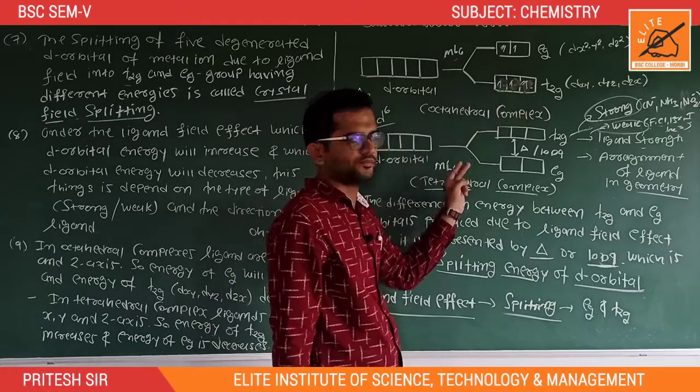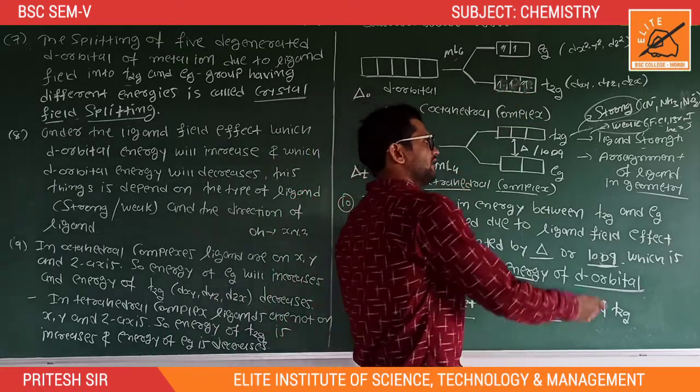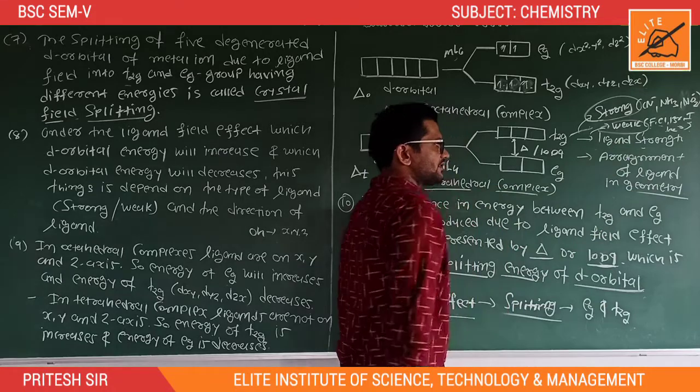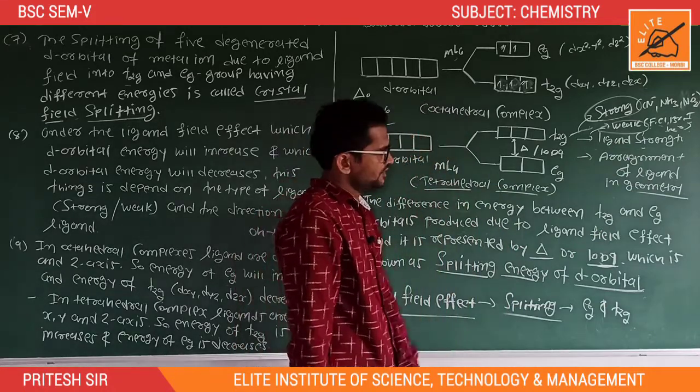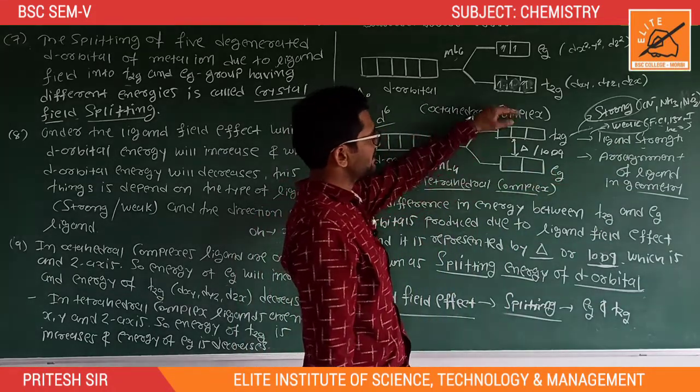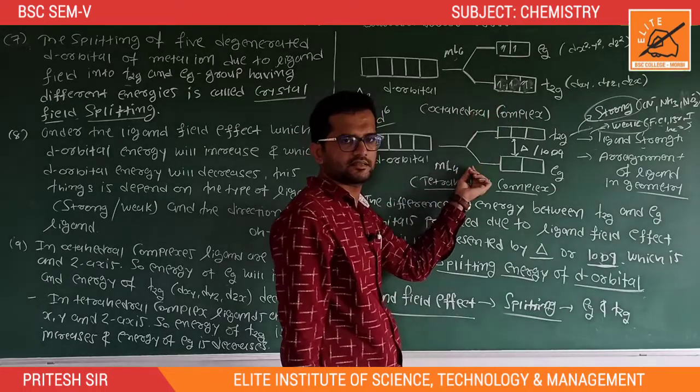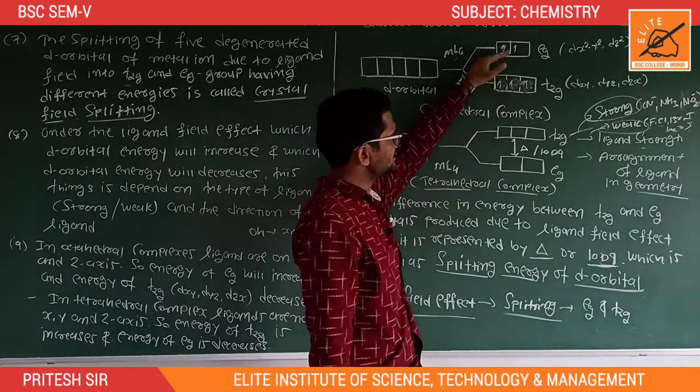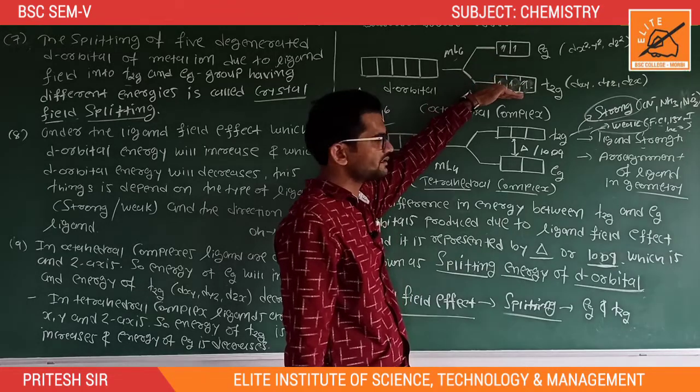Under the ligand field effect, which orbital energies increase and which decrease depends upon two factors: ligand strength and arrangement of ligands. In octahedral complexes, ligands are on the axis, so the energy of eg increases and the energy of t2g decreases.